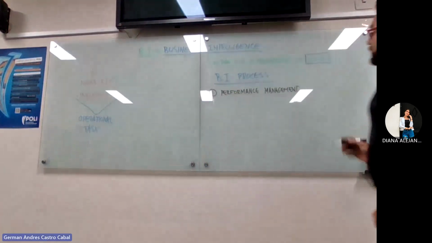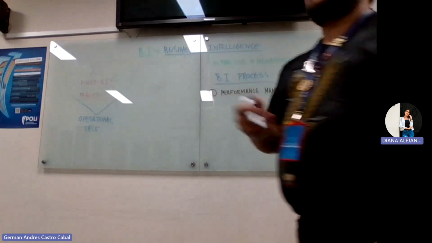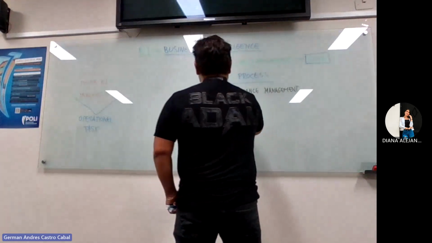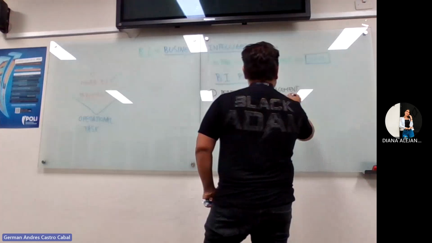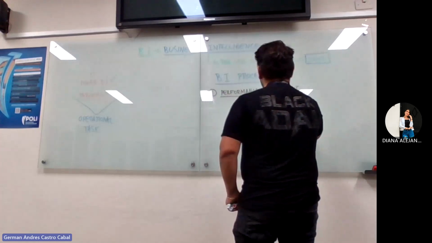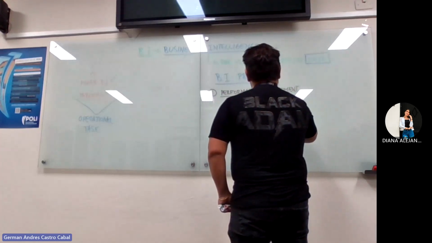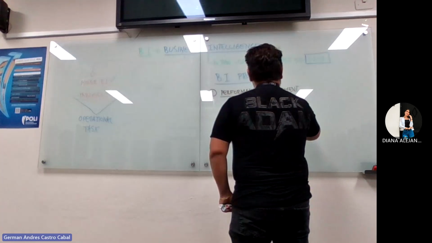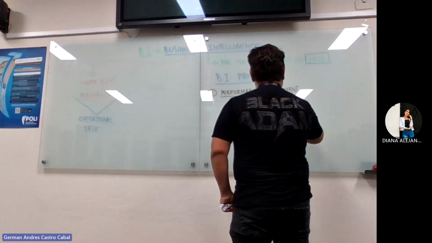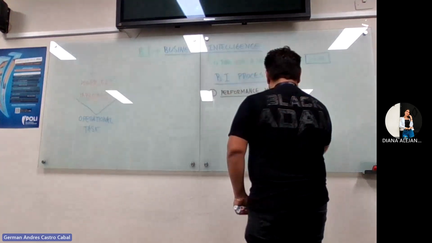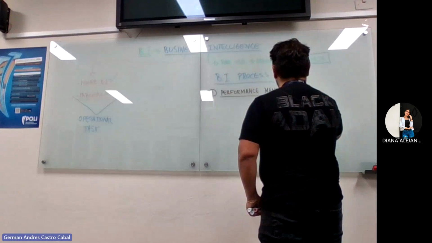Actually, this first step doesn't talk about data. It talks about the people, your employees, and basically it is to know that you have a team that is capable of understanding and using data.